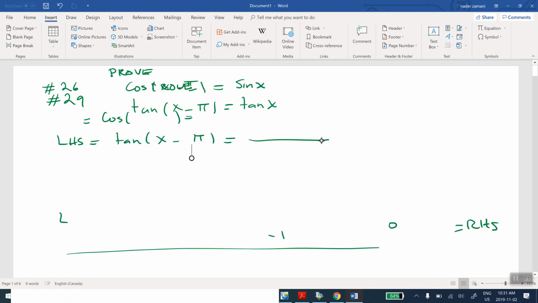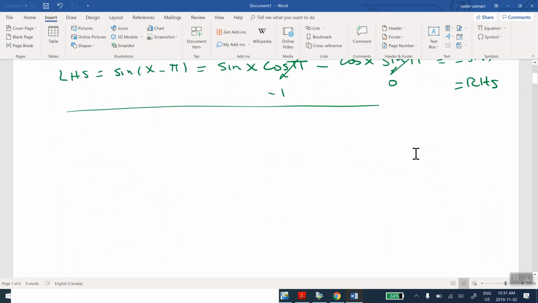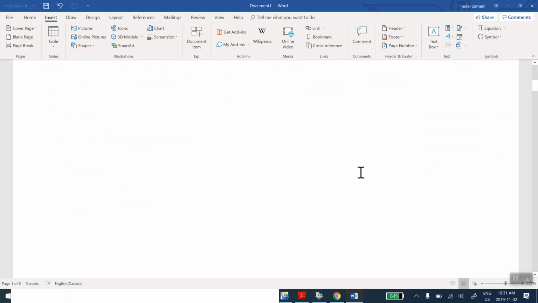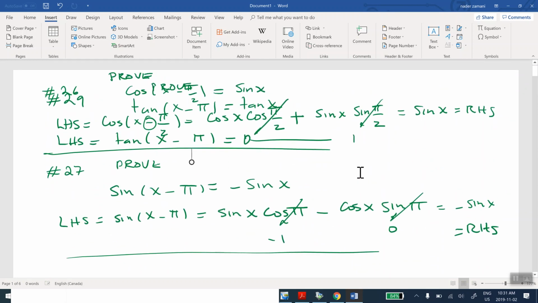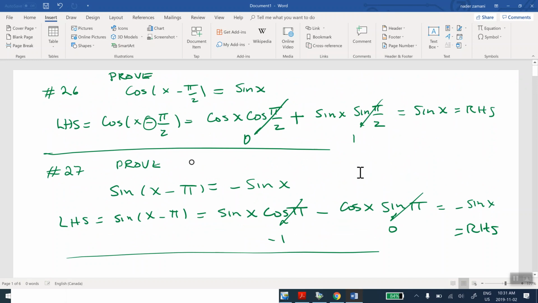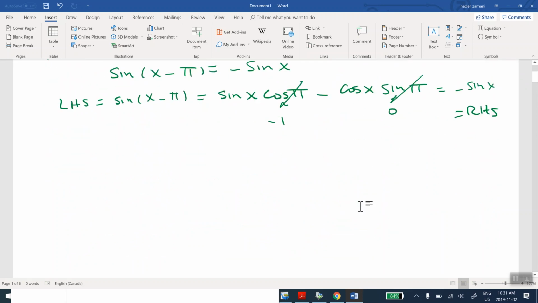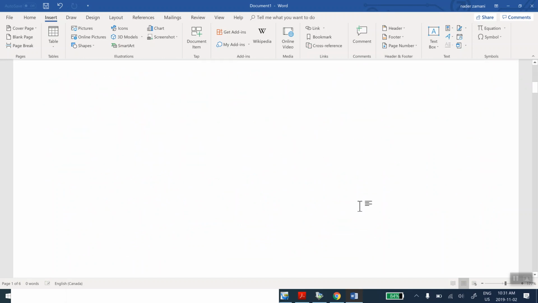Go look at the formula. What to do here? Control Z. Okay, so let me rewrite this. Sorry, this is number 29.